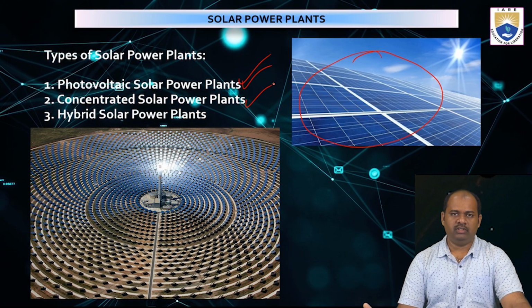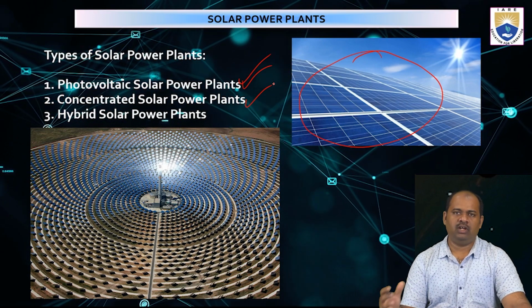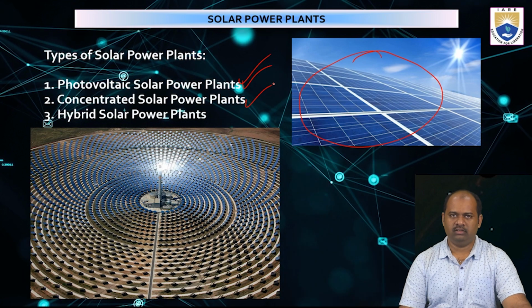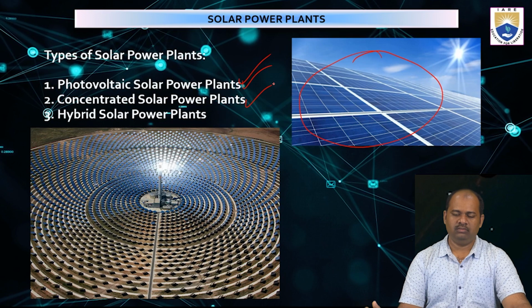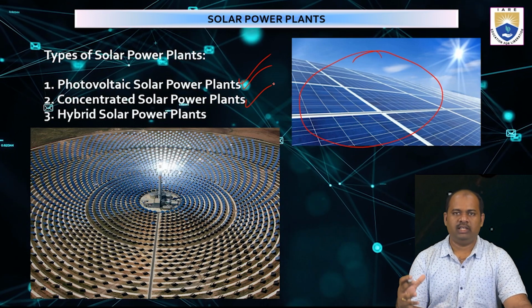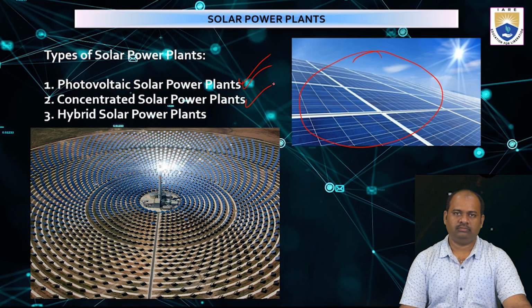Out of these 24 hours, only about 12 hours we get solar radiation on a particular surface on Earth. So we have to use this 12 hours efficiently in order to catch the solar radiation coming from the sun.